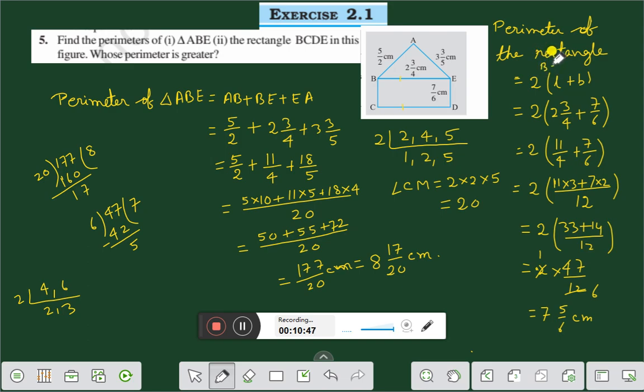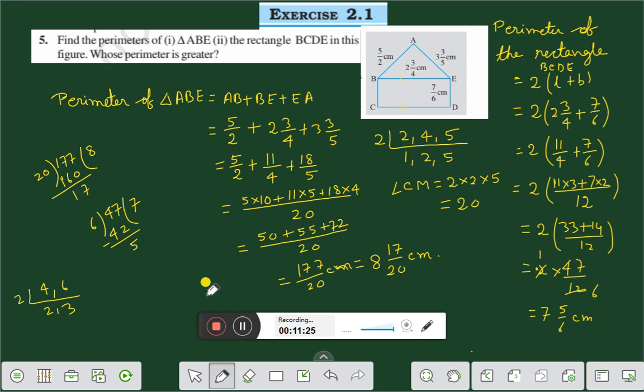Here you find the perimeter of the triangle ABE is 8 whole 17 by 20 centimeter and the perimeter of the rectangle is 7 whole 5 by 6 centimeter. Therefore, you see that this is greater than this number, right? This is 8 whole, this is 7 whole. Therefore, the perimeter of the triangle ABE is greater than the perimeter of the rectangle BCDE, right?